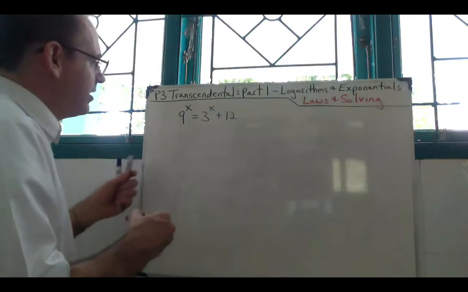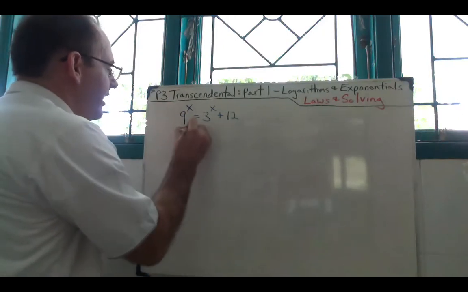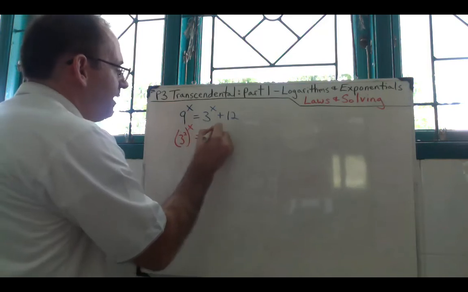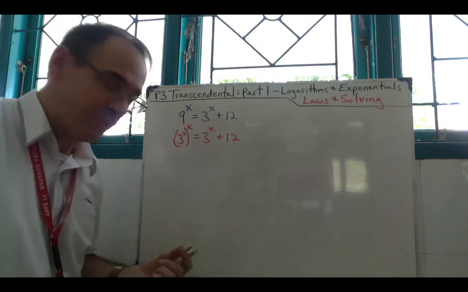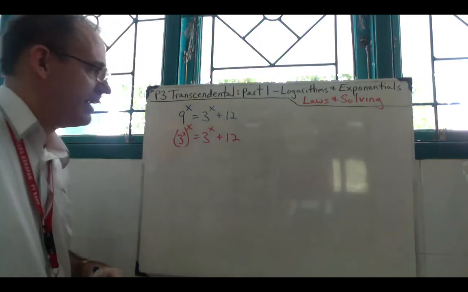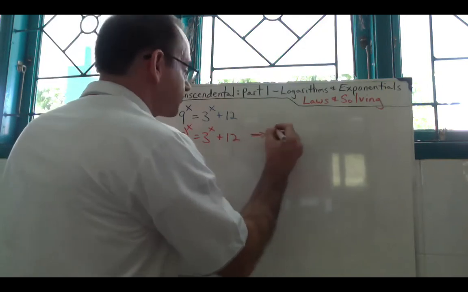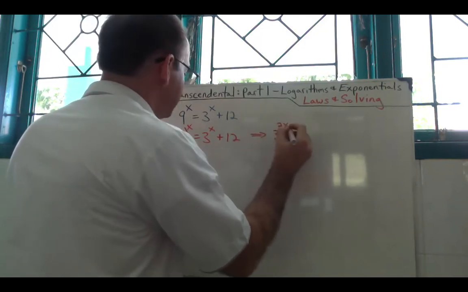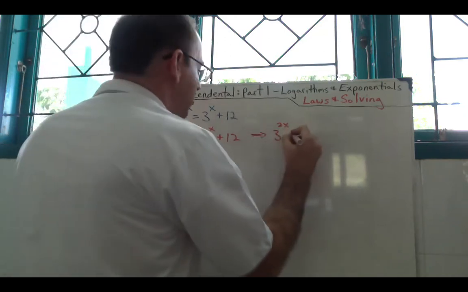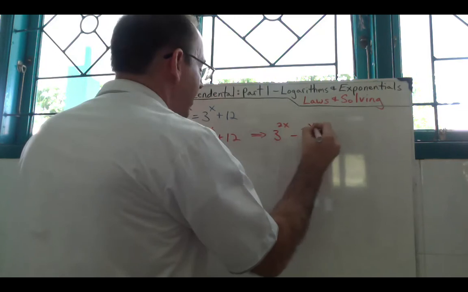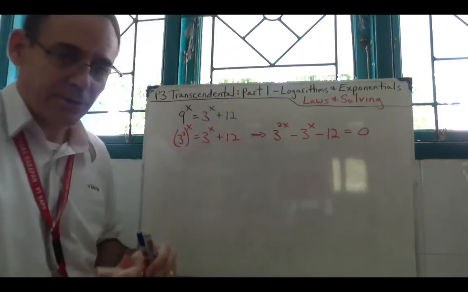So what we want to do here is write this as 3 squared to the x equals 3 to the x plus 12. And now you know your exponent rules. When you have an exponent raised to an exponent, you multiply. So this becomes 3 to the 2x, and I'm going to move these all over to one side. So minus 3 to the x minus 12 equals 0.